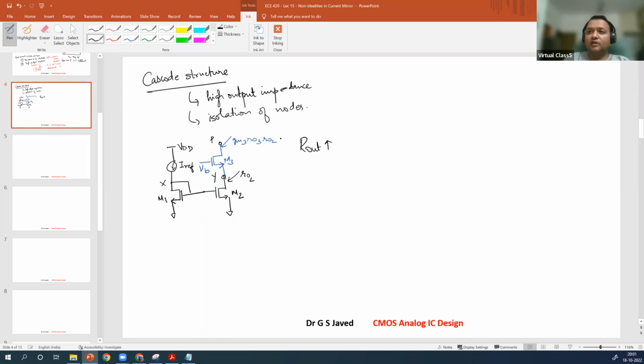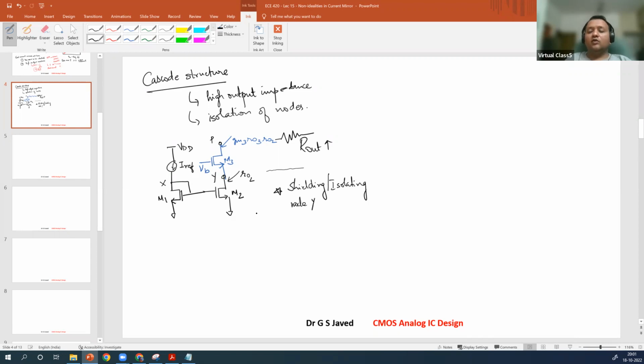Any perturbation in this node does not impact this node, right? So this is the shielding property. Shielding or isolating. So you are now shielding or isolating this node Y.